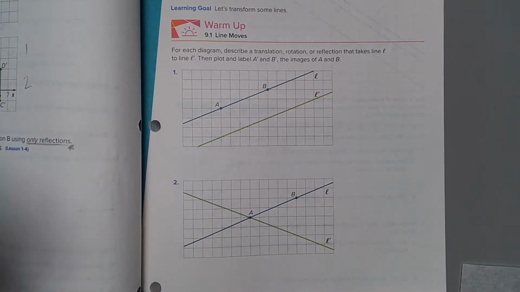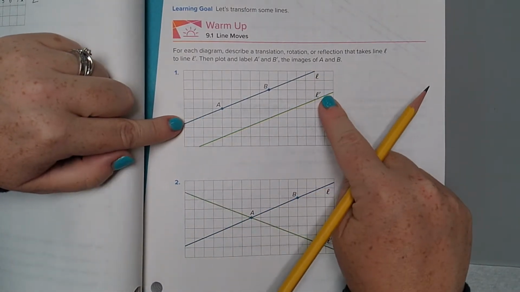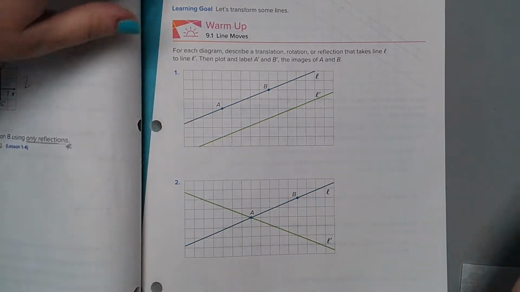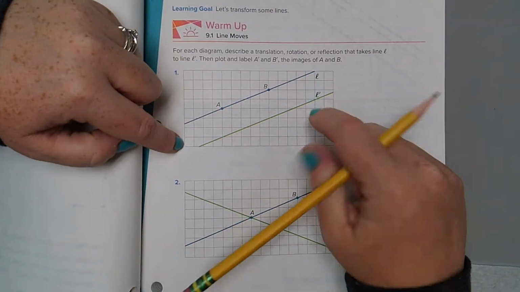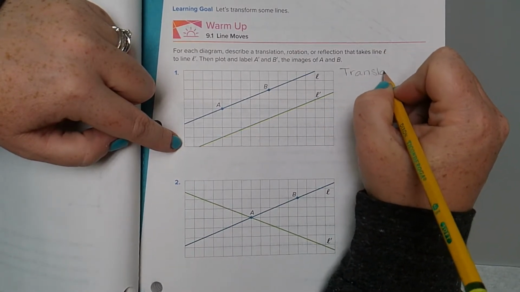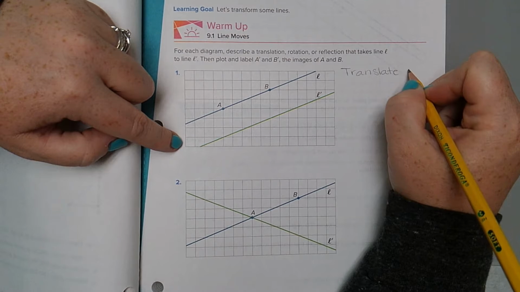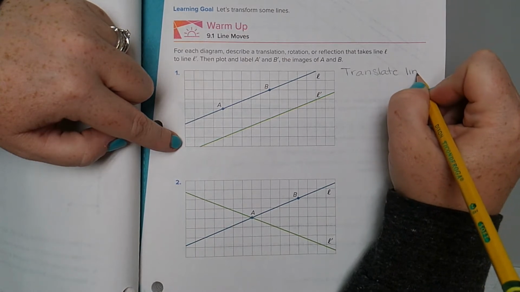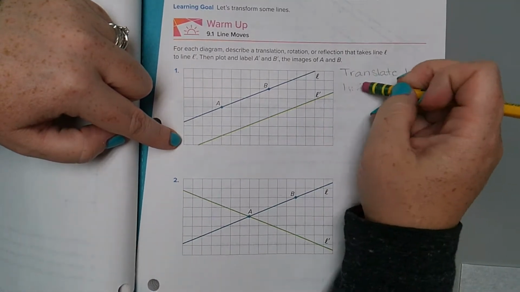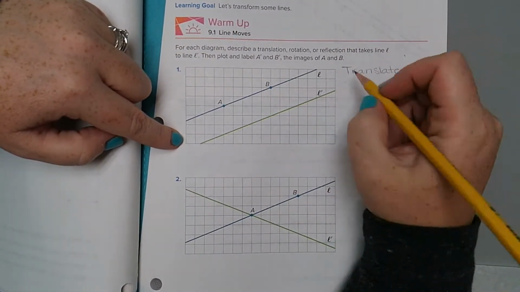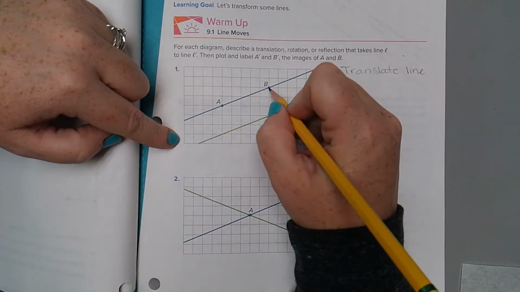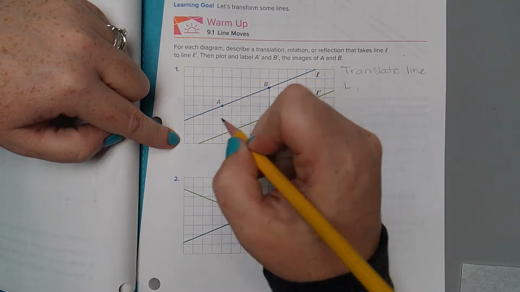So for the first one, line L is the blue one. L prime is green, or the bottom one. We can translate line L, and then we have how many units? 1, 2, 3.